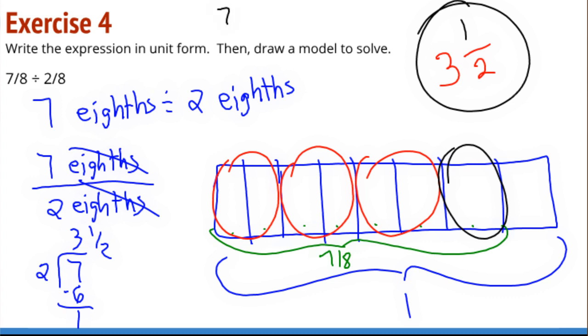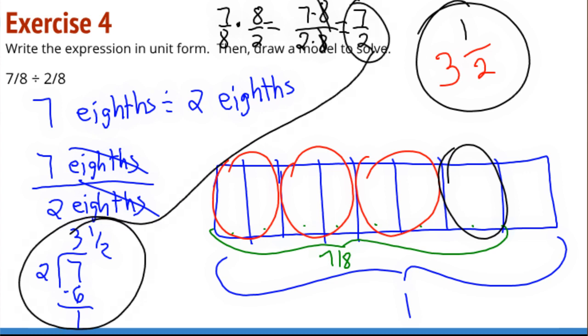And I've got 7/8 multiplied by 8/2. And that's 7 times 8 and 2 times 8, and the 8s will cancel, and I get 7 divided by 2, which I have already solved over here. So I'm starting to see some real patterns emerging here as I work through these exercises.